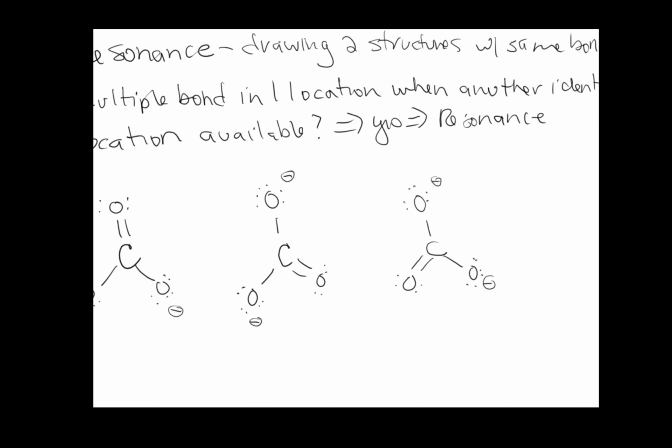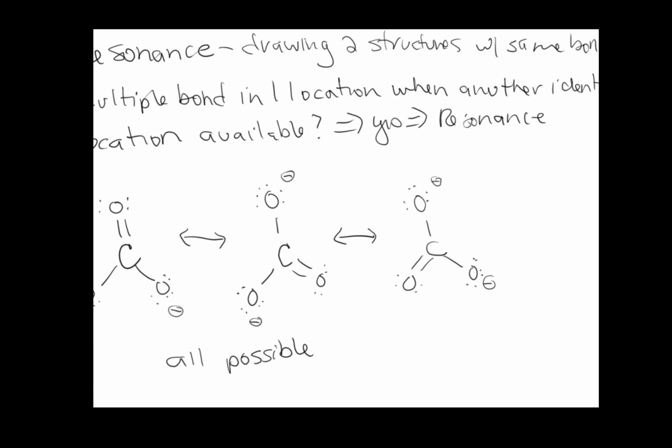So what is the difference between these structures? They are called resonance structures, and you indicate resonance structures with a double-sided arrow. This is not equilibrium. This is all possible structures.